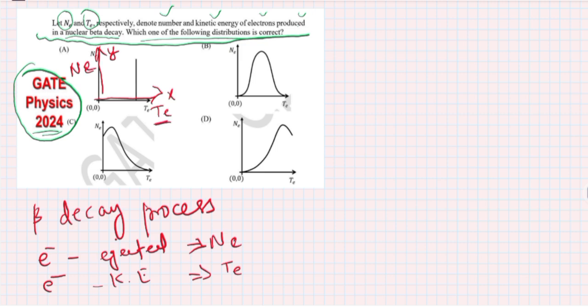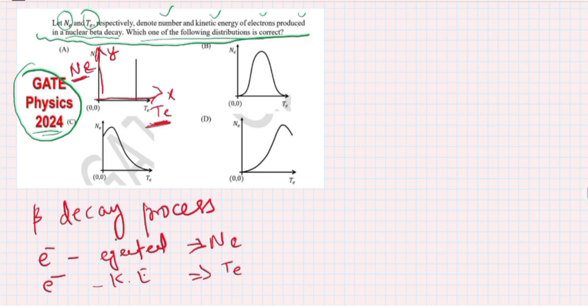That means the number of ejected electrons is in the y-axis, and the kinetic energy of the electrons is in the x-axis. So what will be the nature of the distribution function? That's what we have to identify.